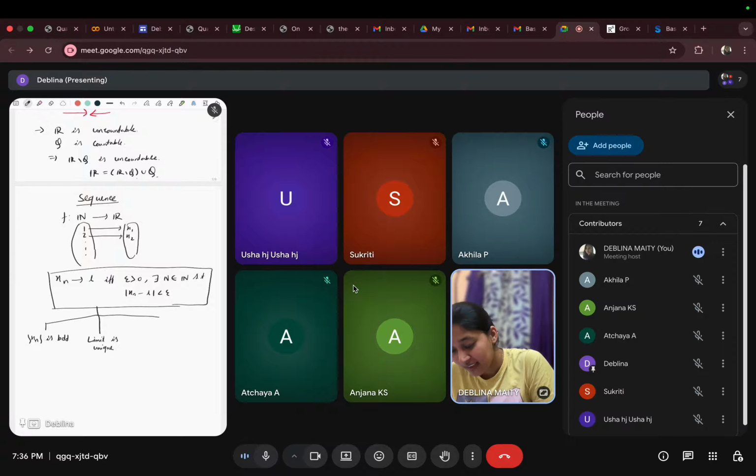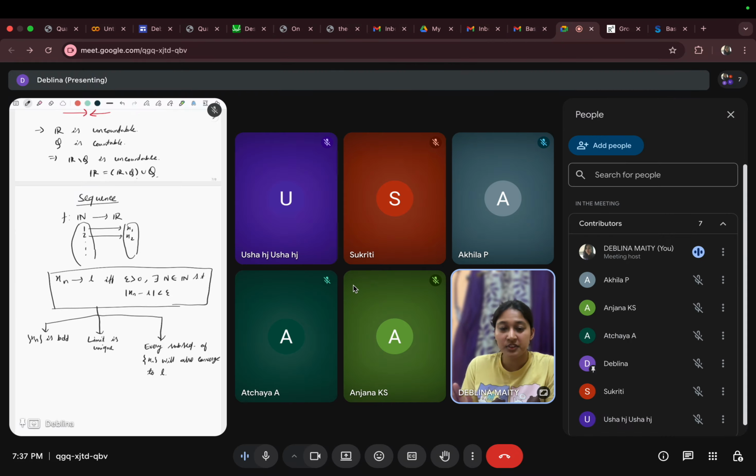And if we look at a subsequence of this sequence, then every subsequence of xn will also converge to L. Now we'll use these properties to solve some problems.